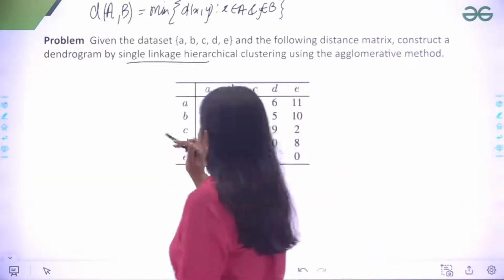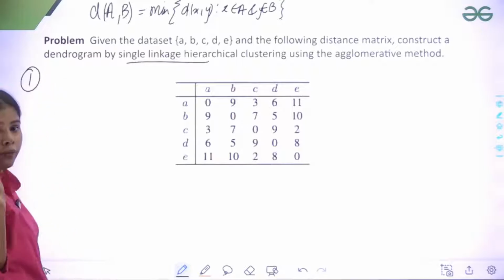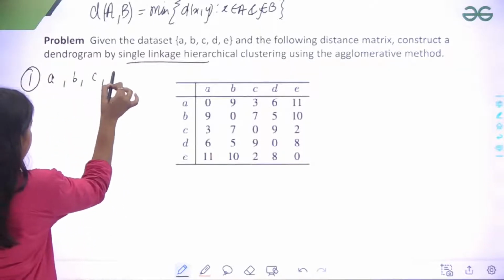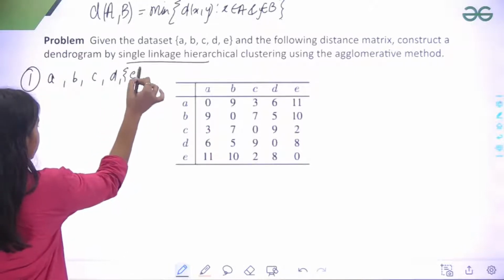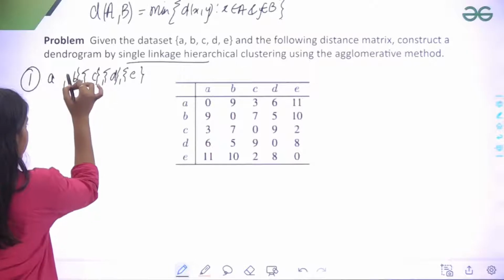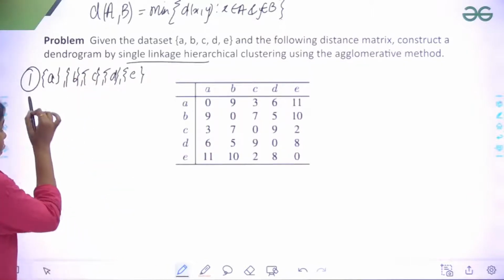Okay, so let's do it. First of all, I have all the data points: A, B, C, D, E. All these are single clusters, right? In agglomerative clustering, I'll take the points as single clusters. Now what would I do?